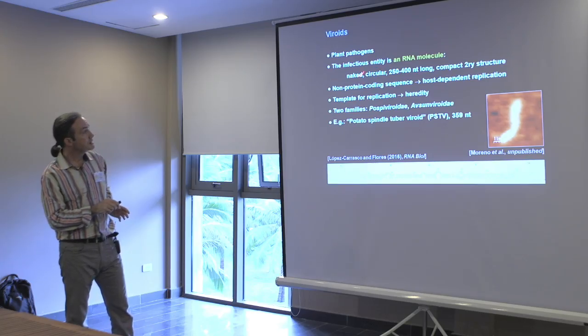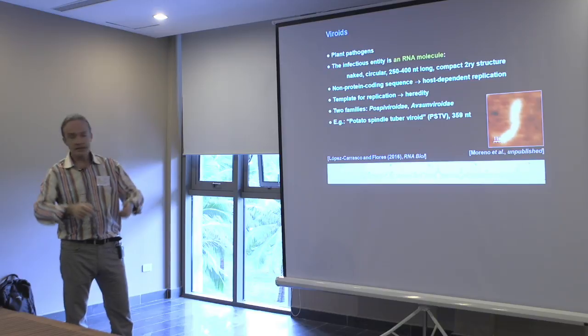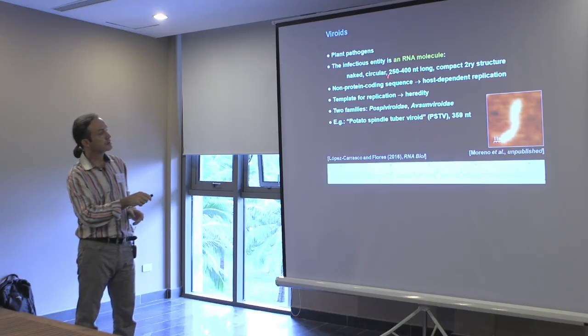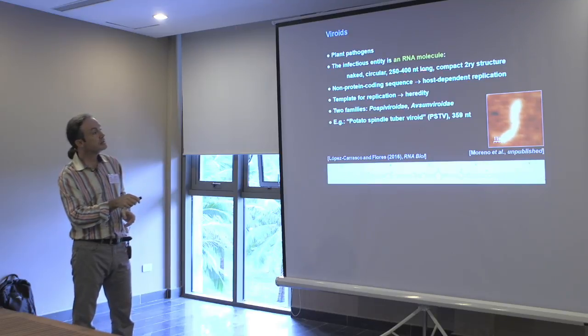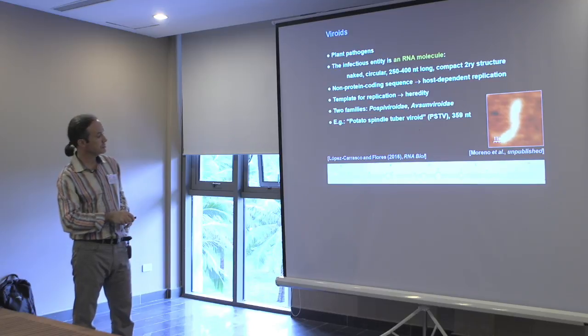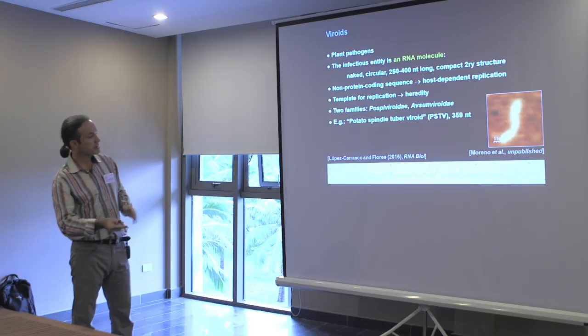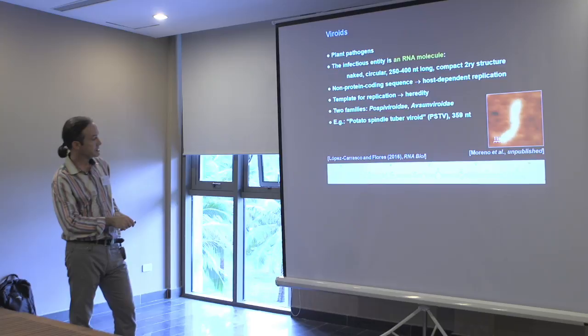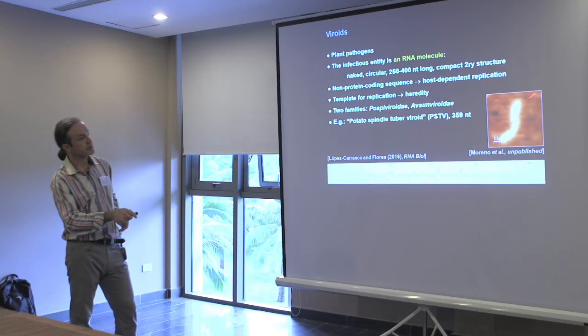This is a naked, meaning without protein structure, circular, short RNA, from 250 to 400 nucleotides long, and it folds into a compact secondary structure. You can see here one of these viroids that forms a rod-like shape. This is the representation of the secondary structure, and this is how we see it in our lab.